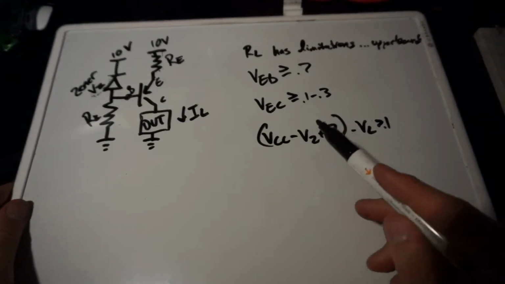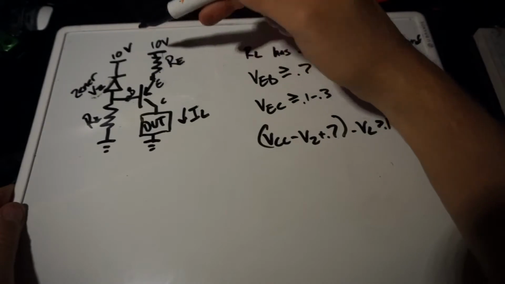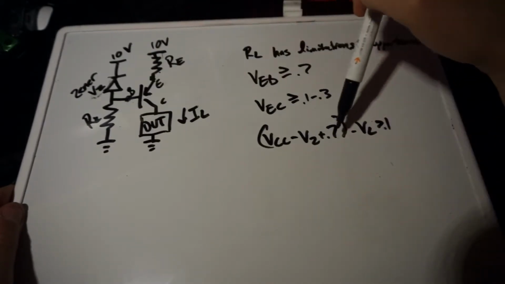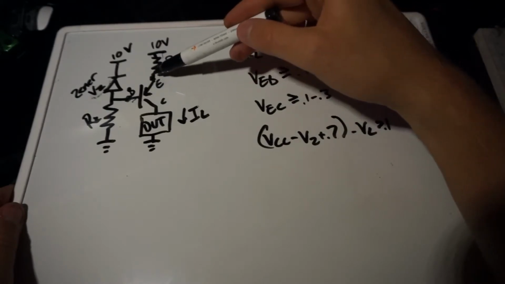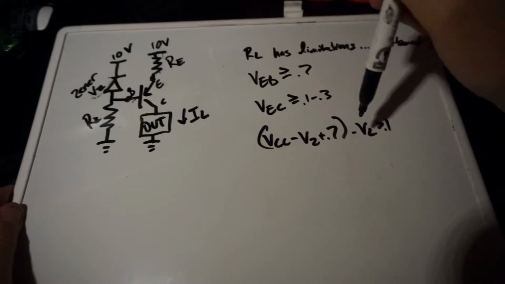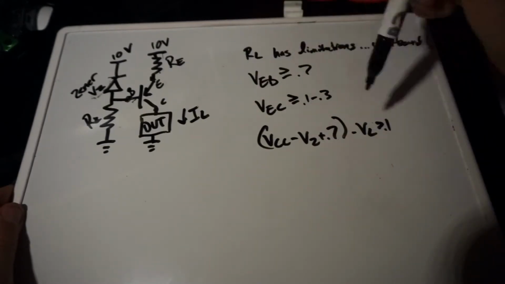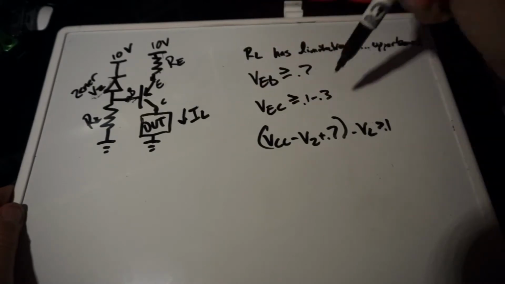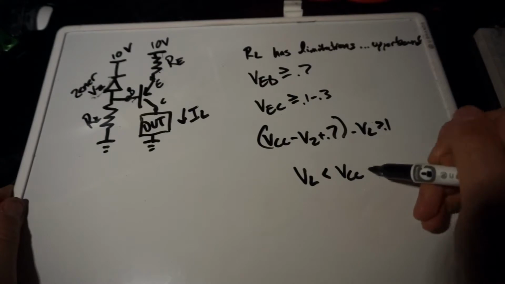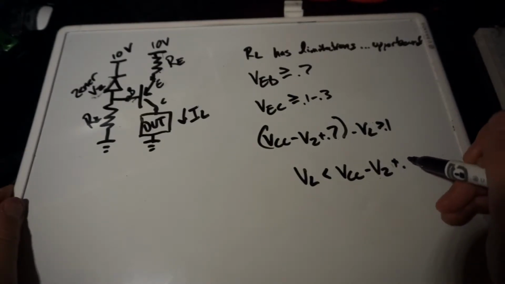So you can just write that out by saying that the voltage of this node, VCC minus the Zener voltage, plus the 0.7 of the VEB, minus the voltage at this node, the collector voltage, or we call it the load voltage, is greater than, say, 0.1. VCC minus VZ plus 0.6.